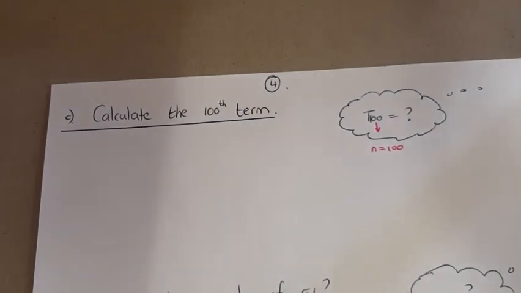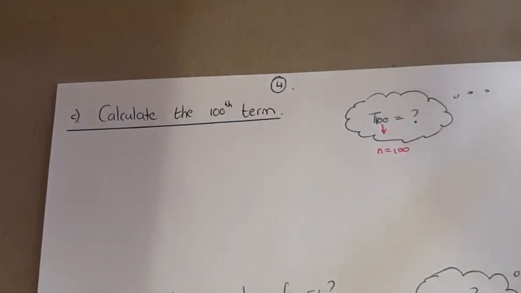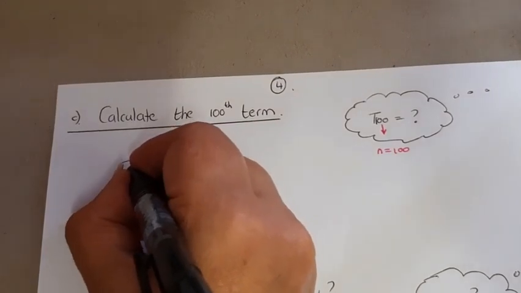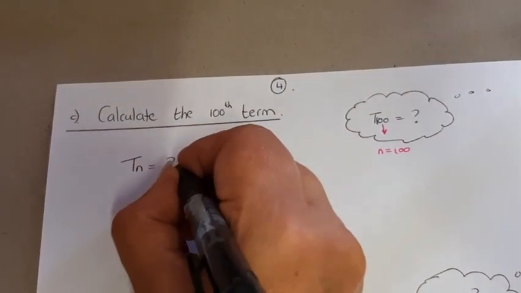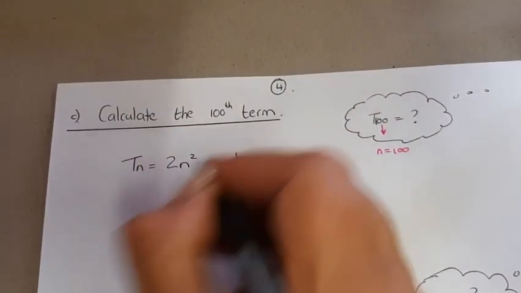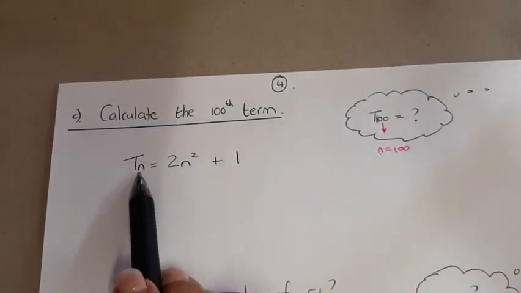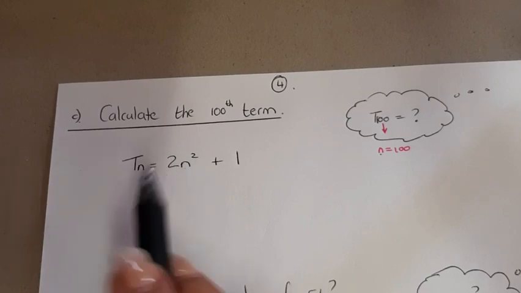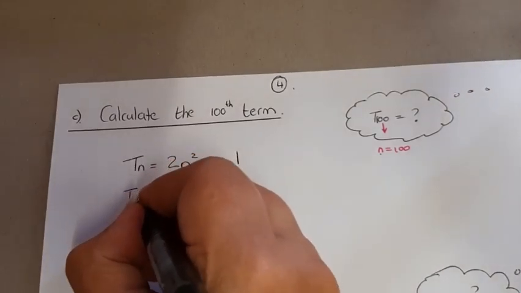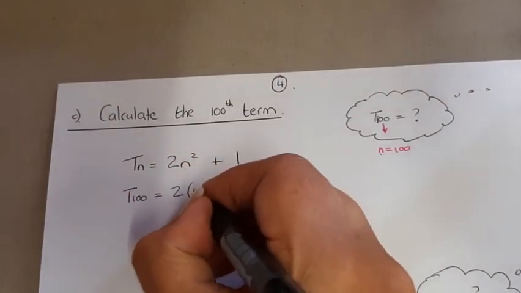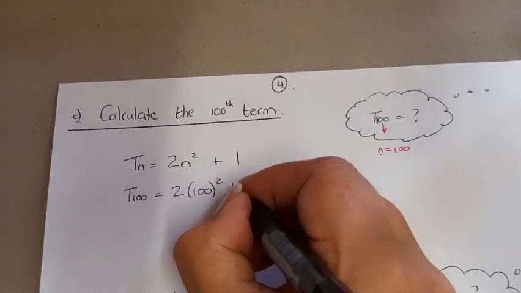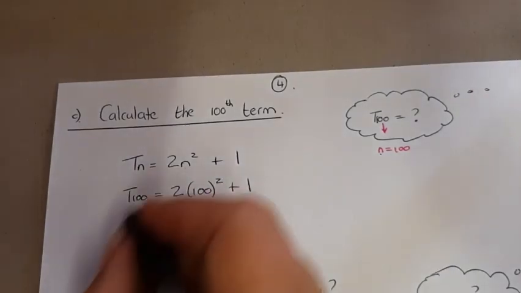We use our general term to calculate this answer. Our general term is 2n squared plus 1. If n is 100, we can substitute it into n's place. So T100 will be 2 times 100 squared plus 1.